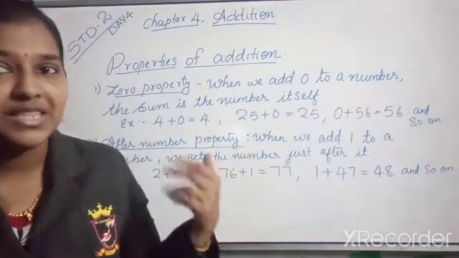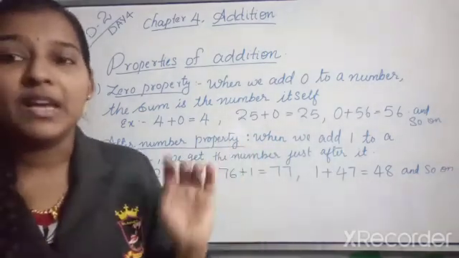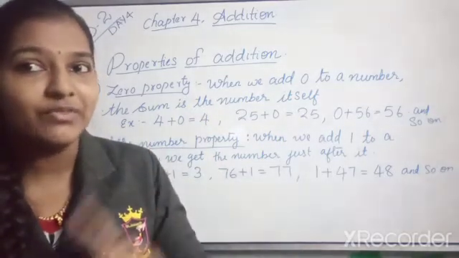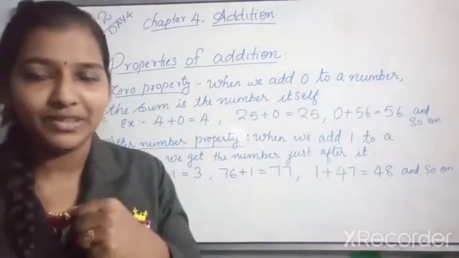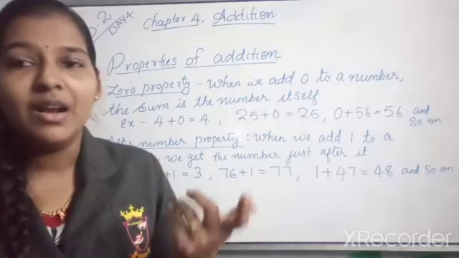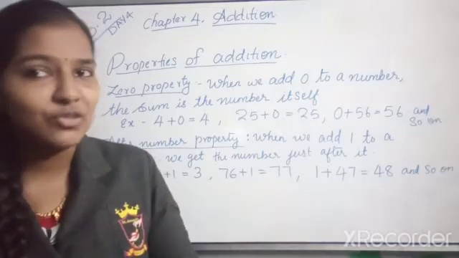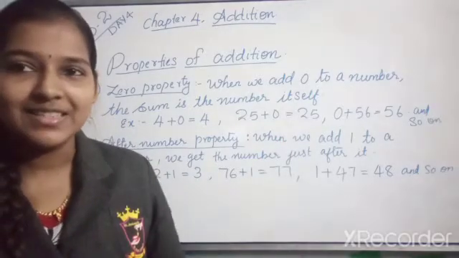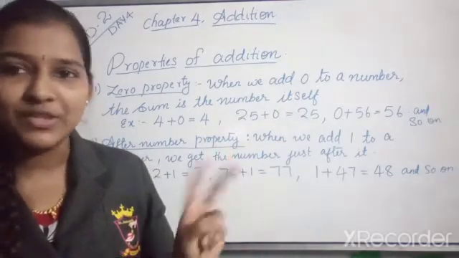After number means it's a successor. After number property says when we add 1 to a given number, we will get the after number of it. For example, 26 plus 1 is 27. 27 is the after number of 26. Clear, children? These are the first two properties. Now we will discuss the next one.